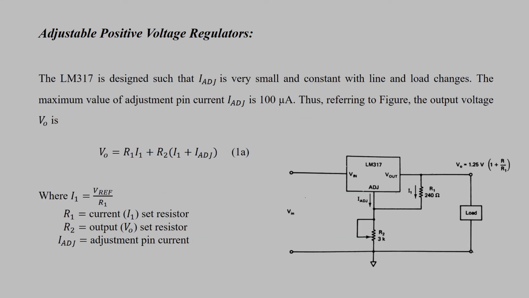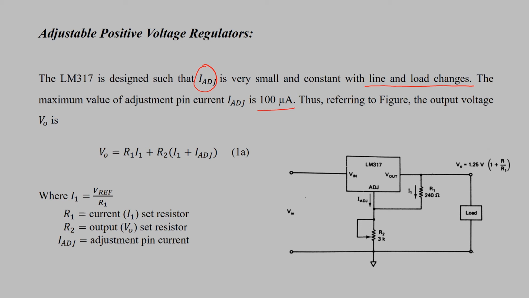LM317 is designed such that this IADJ, the adjustment current, is very small and constant with line and load changes. The maximum value of adjustment pin current is 100 microampere.